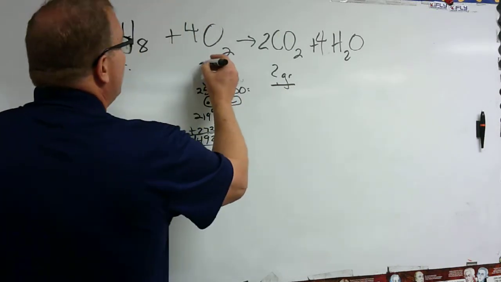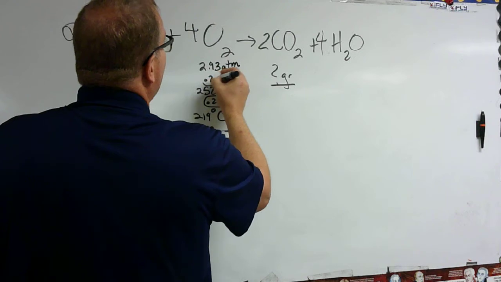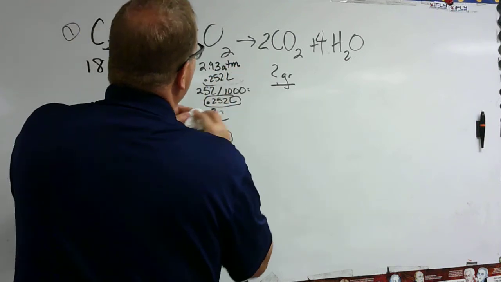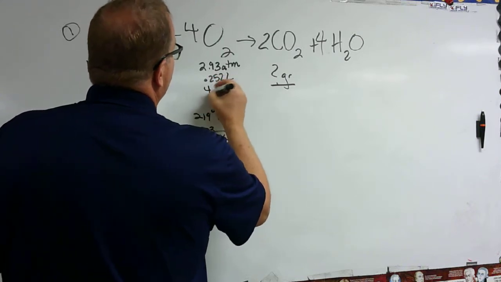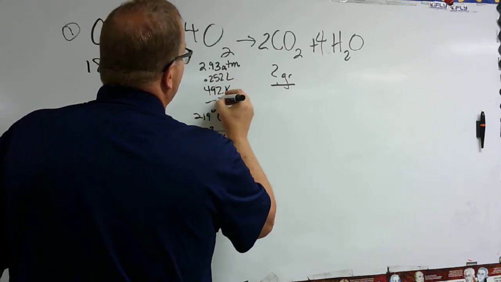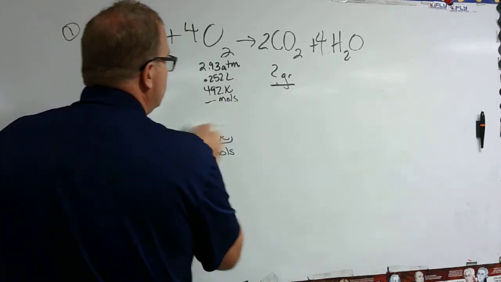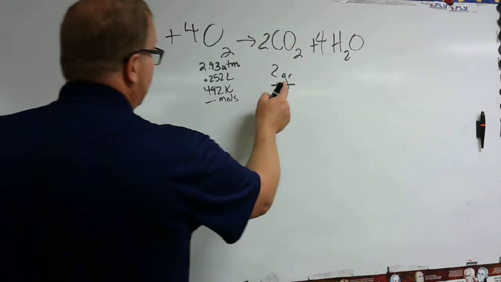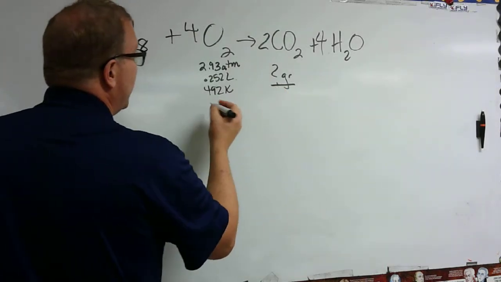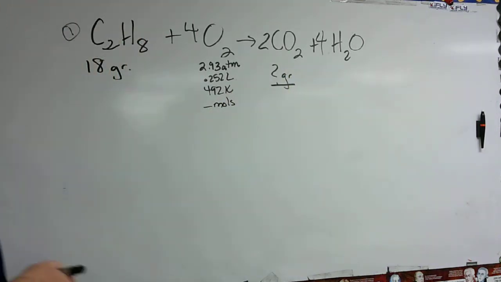So we had 2.93 atmospheres, 0.252 liters. Now we can get this out of the way. And then we have 492 Kelvin, and this is going to be the number of moles. So I've got everything all set up in the proper units for ideal gas law. I'm going to have to know the number of moles so I can do stoichiometry going to this.